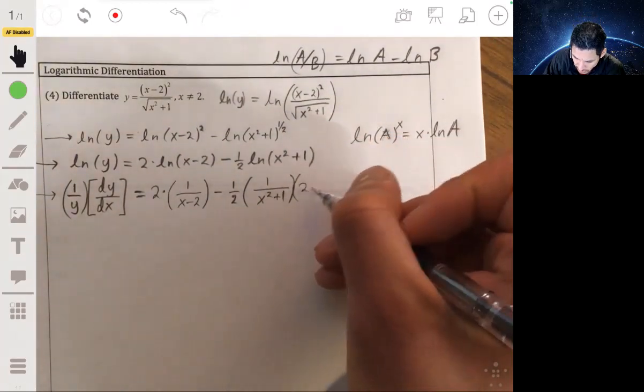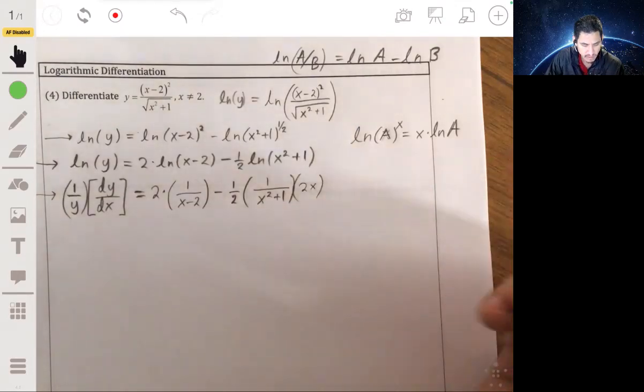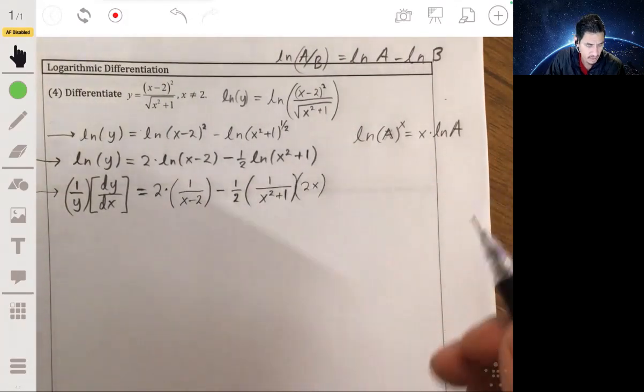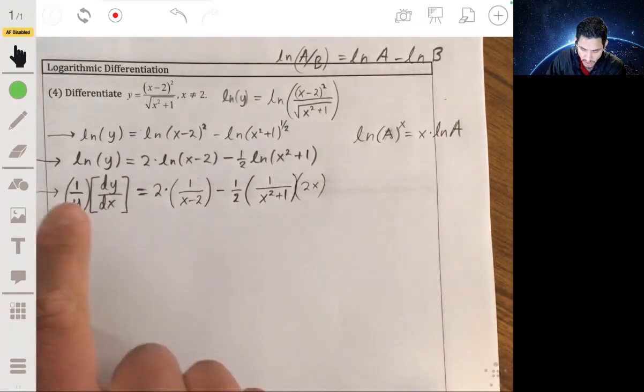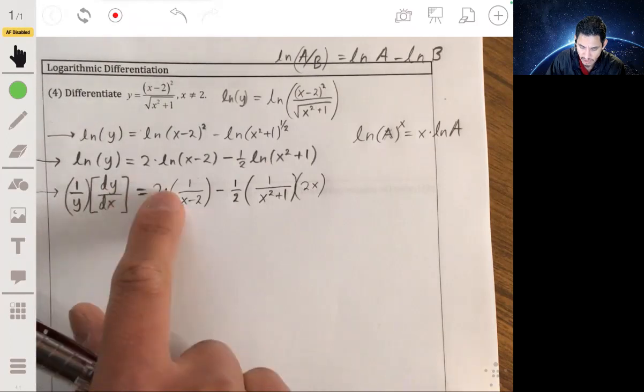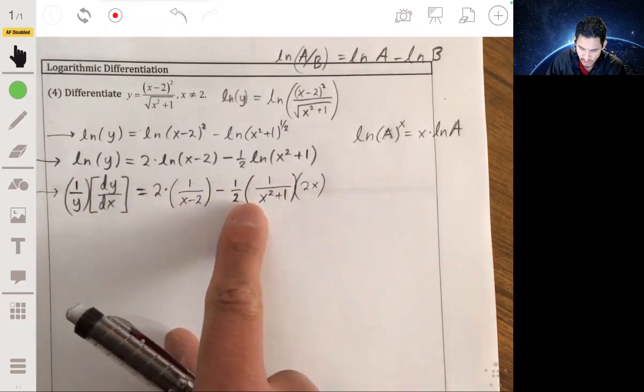So times 2x. Now, from here, we're going to isolate the dy dx and multiply the right side by y.